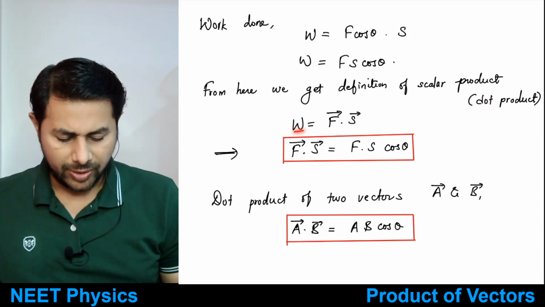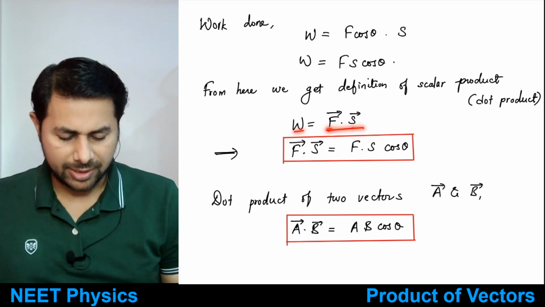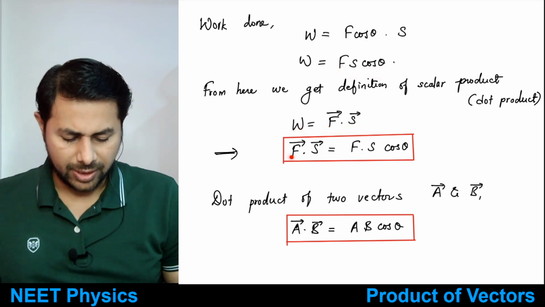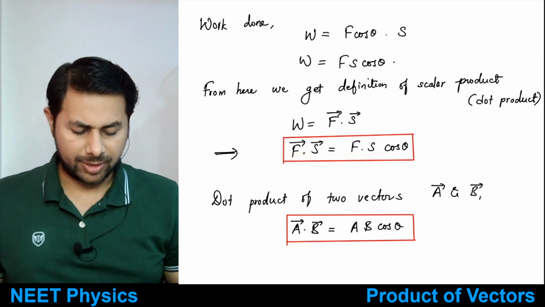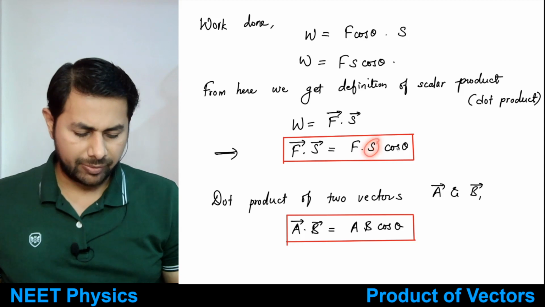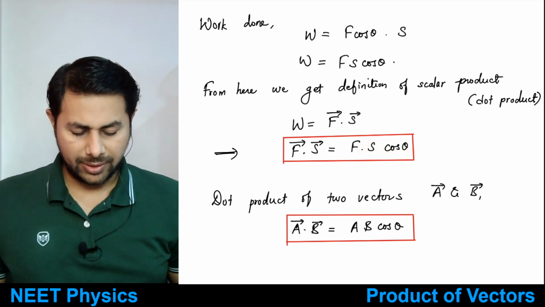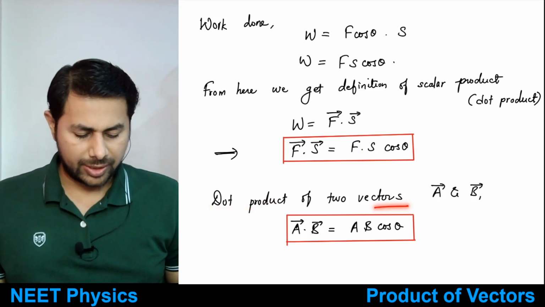So work done is equal to F bar dot S bar, and F bar dot S bar is F multiplied by S multiplied by cos of theta. That is the magnitude of the first vector into the magnitude of the second vector multiplied by the cosine of the angle between the two vectors, right? So this is the definition of the dot product or scalar product of two vectors.